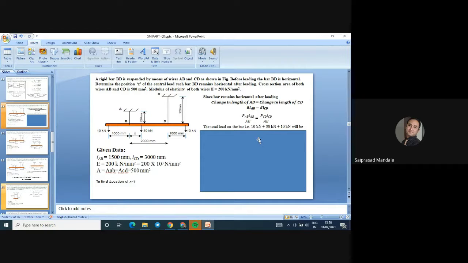This total load of 50 kilonewton is responsible for the deformation of the wire from one position to another position. This is the first condition, and this is the second condition.